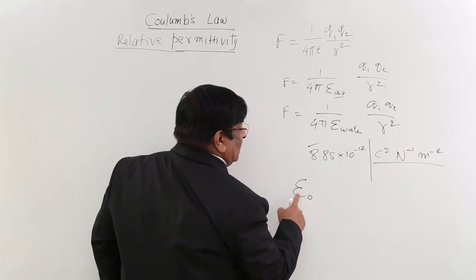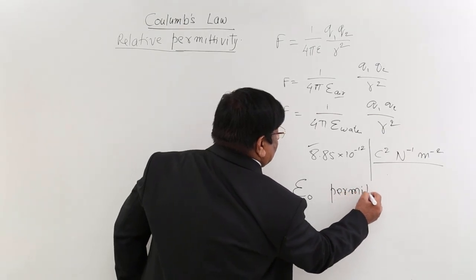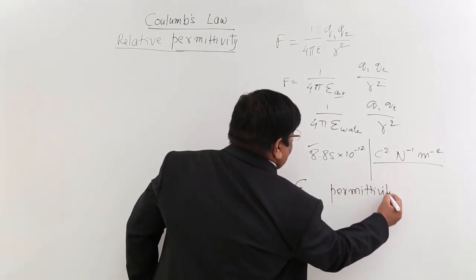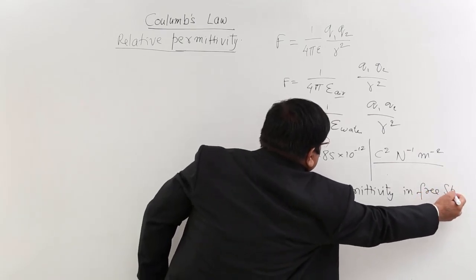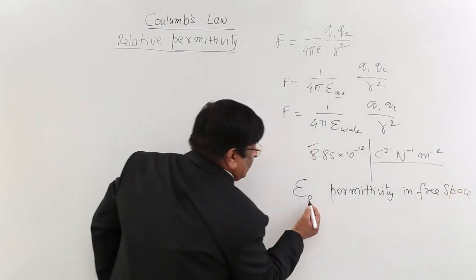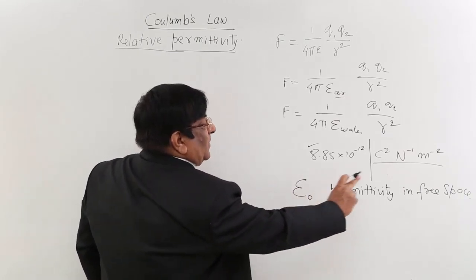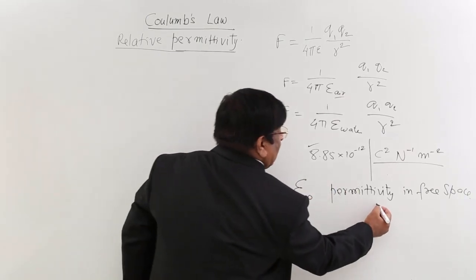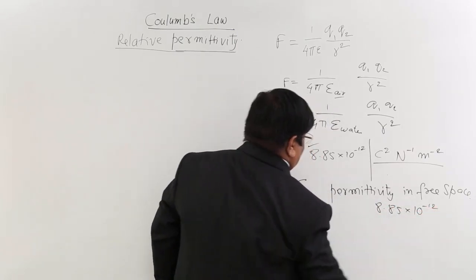So epsilon naught is the permittivity in free space. Remember, epsilon naught is a permanent symbol for permittivity in free space, and it has the value we were writing again and again.